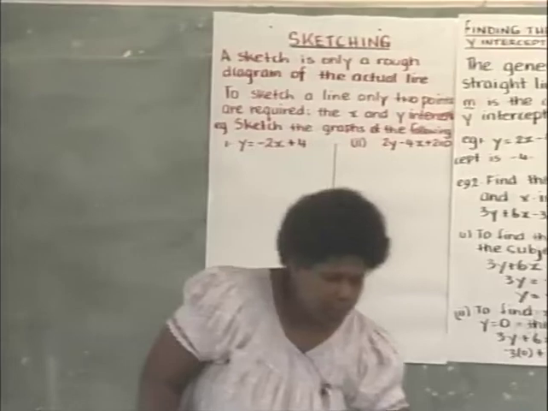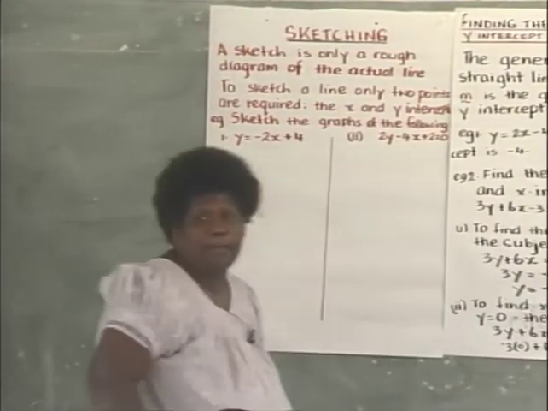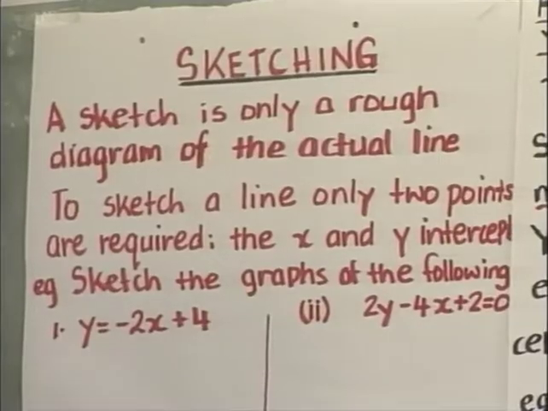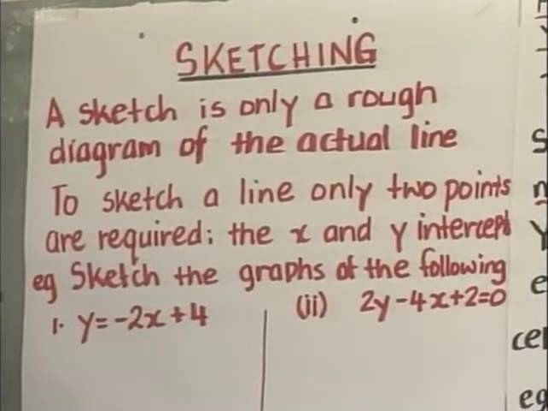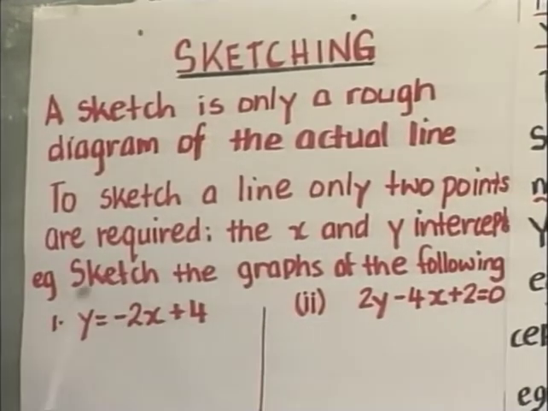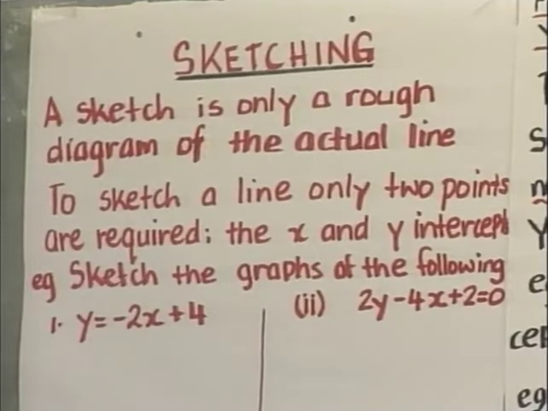When you plot, you're supposed to plot all the points on the line. Sketching is only a rough diagram of the actual line. To sketch a line, only 2 points are required, and that is the x and the y-intercept. Then you join those 2 points, and you already have a line.